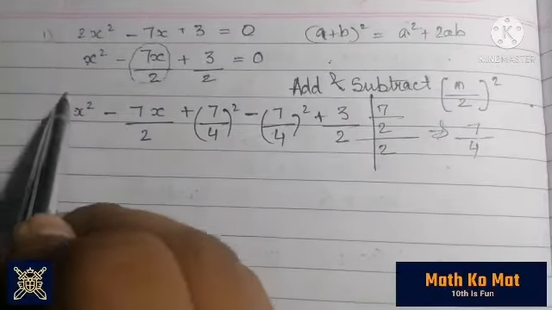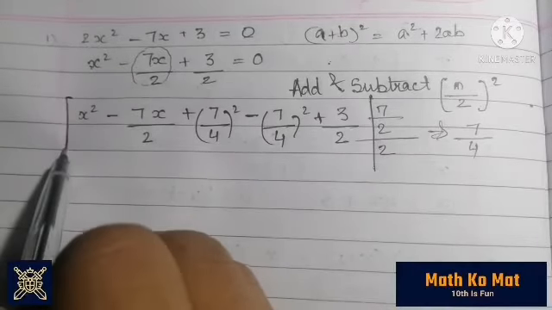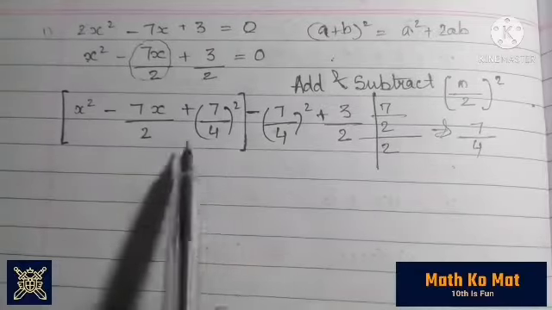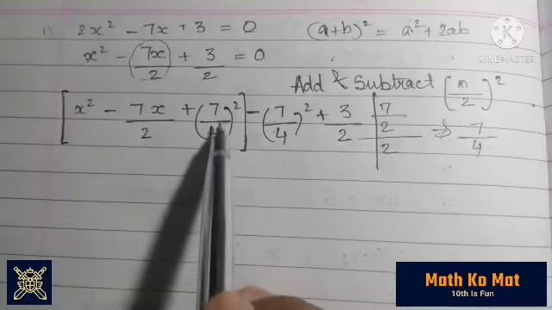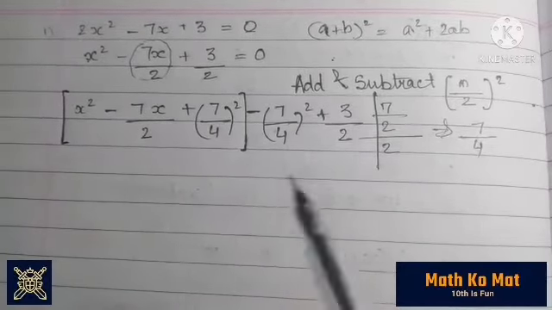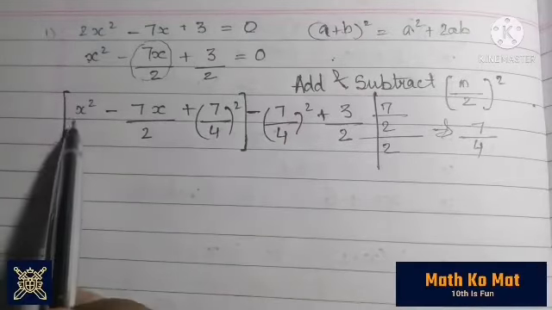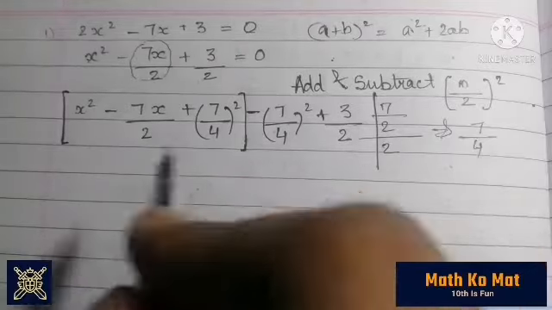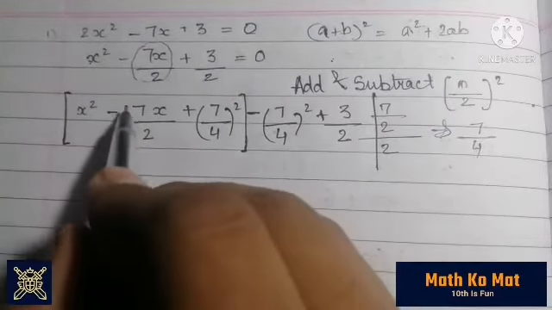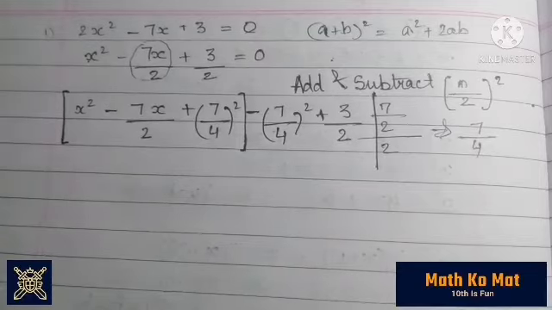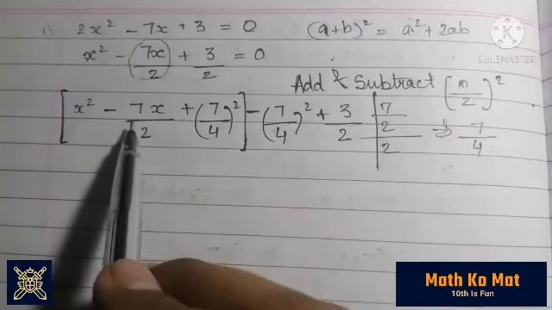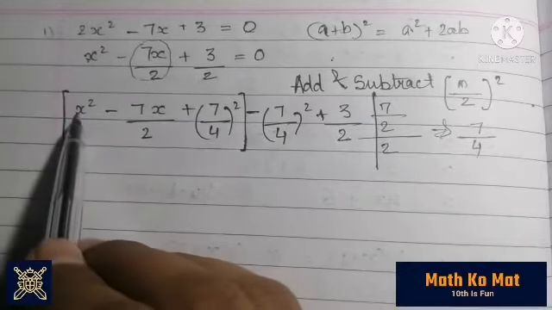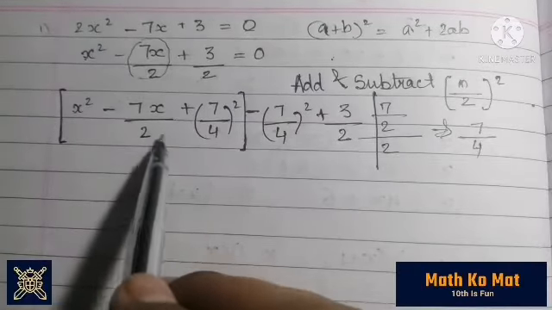And now this particular part, as you can see, is in the form of an identity. If your a is x and your b is 7 by 4, what would be its (a minus b) whole square identity? It would be x square plus b square, that is 7 by 4 whole square, minus 2 into a into b. So 2 into x into 7 by 4: 7 by 4 into 2 will give you 7 by 2, and x comes as it is. The 2 is imaginary here because it is nullifying the 4.